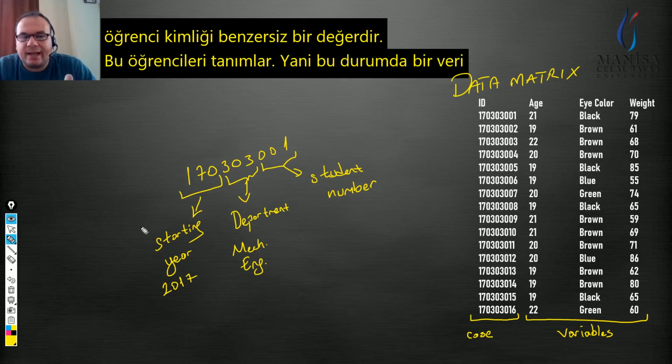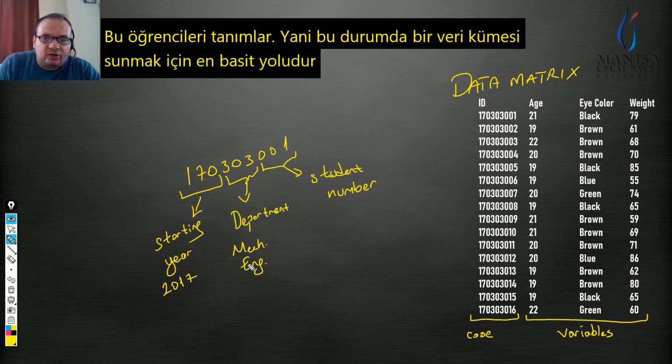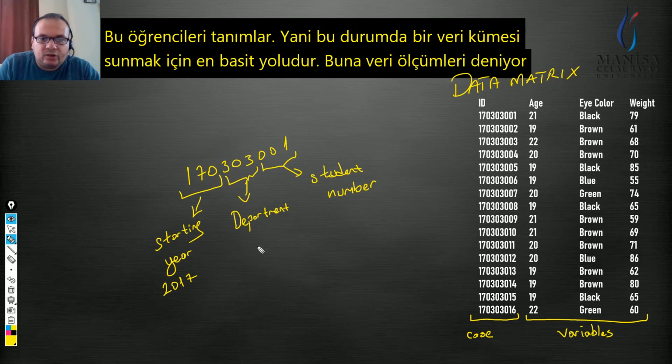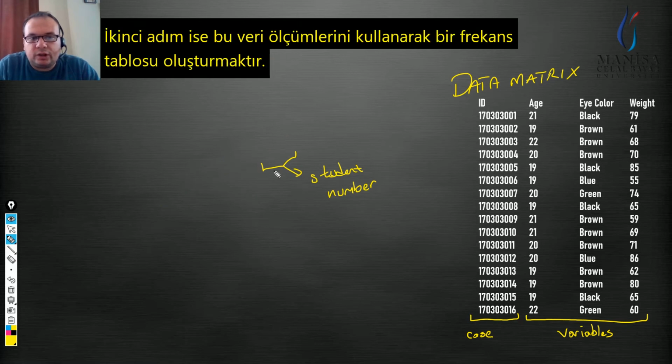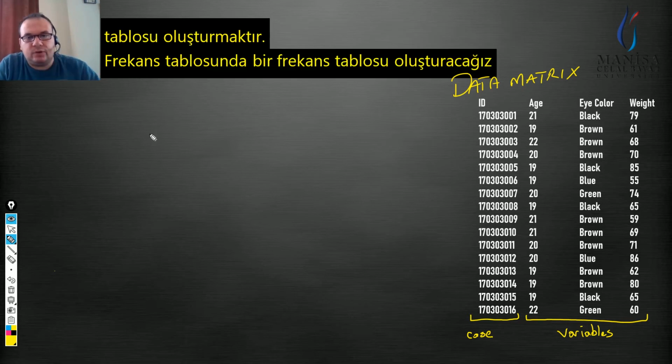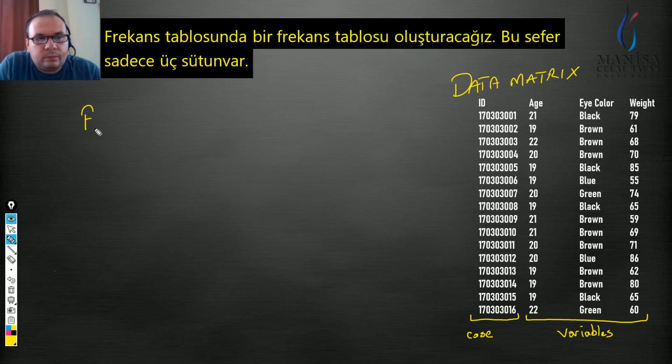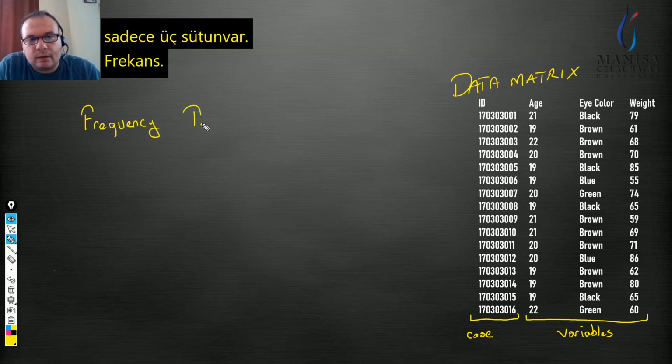It's called a data matrix. And the second step is to create a frequency table by using this data matrix. We're going to create a frequency table, and in a frequency table we have just three columns this time. Let me start with, for example, age.